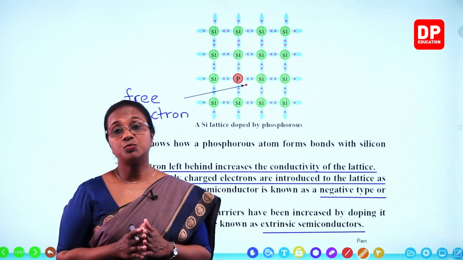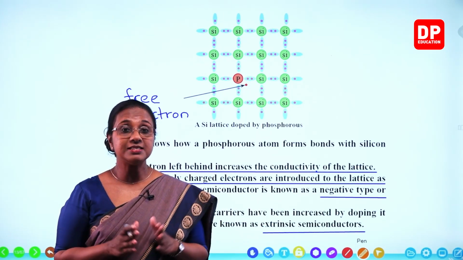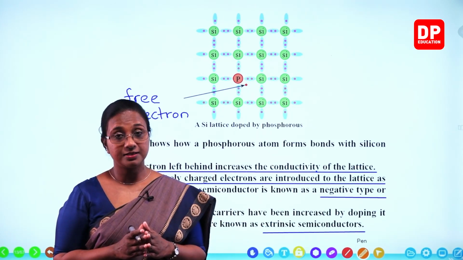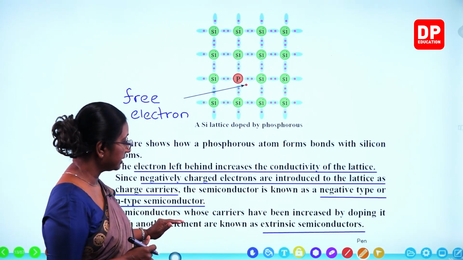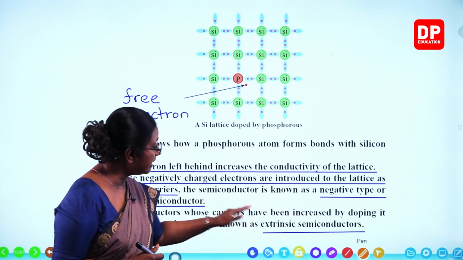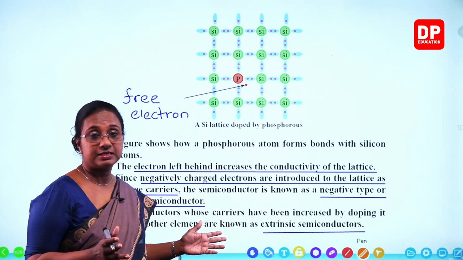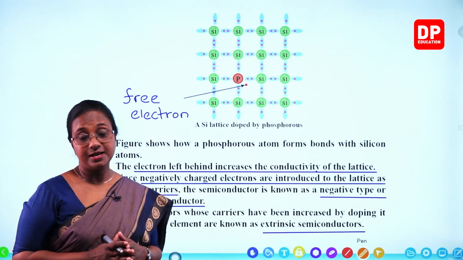Then they conduct a small amount of electricity. We call it an intrinsic semiconductor. But when you dope the semiconductor with a material, and because of that the carriers have been increased, then we call it an extrinsic semiconductor.